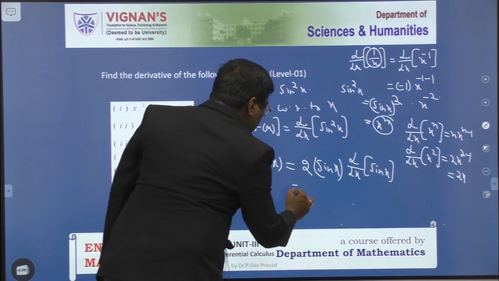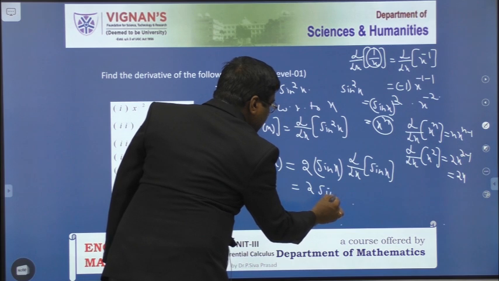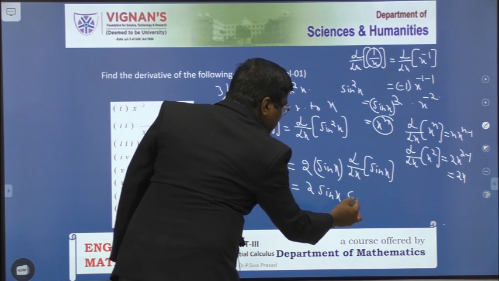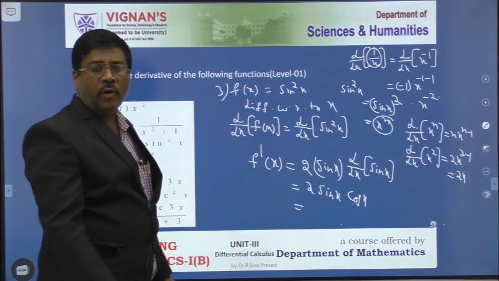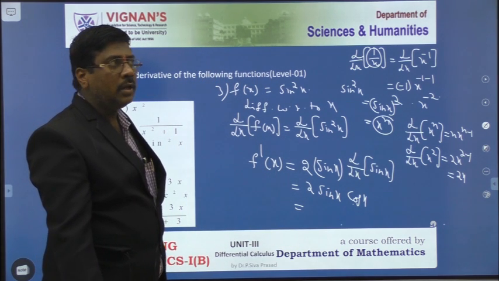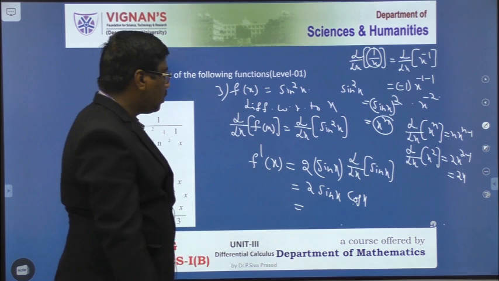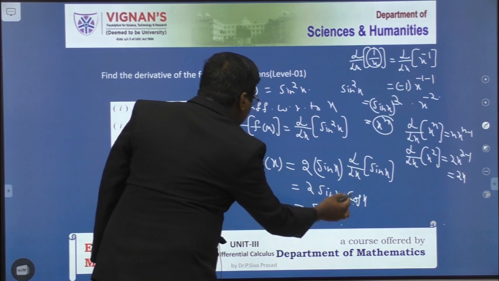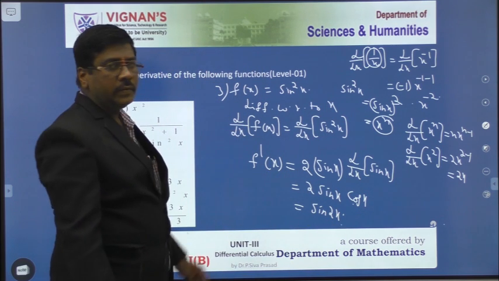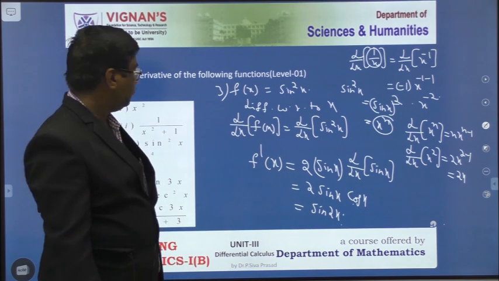Therefore this is equal to 2 into sine x into cos x. Already we know the trigonometry formula, multiple angles: 2 sine x into cos x is equal to sine 2x. This is the derivative of sine square x.